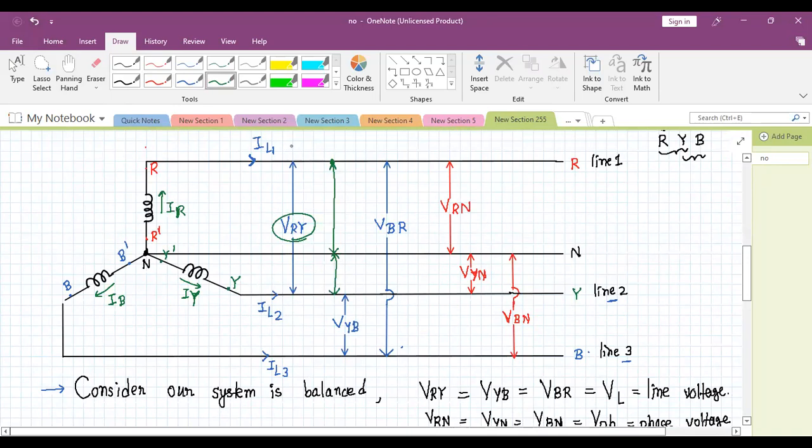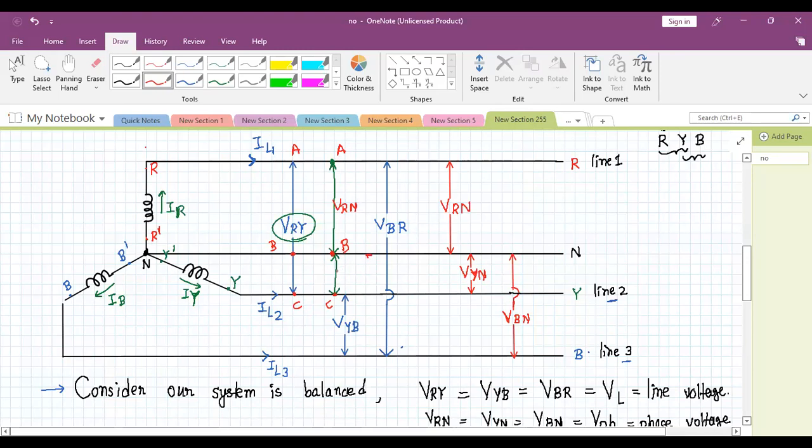Consider this is my A point, this is my B point, and this is my C point. Okay, so this is VRN, where A is connected with R and B is connected with neutral.